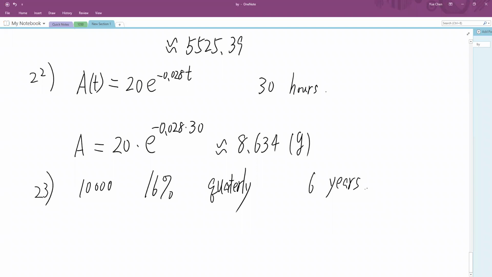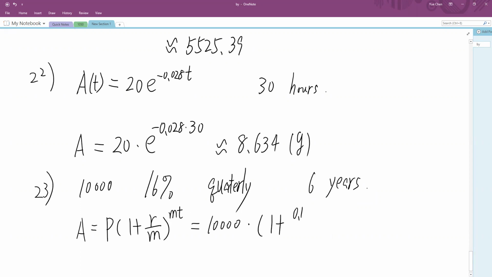Still using the formula directly: A is equal to P times 1 plus R over M to the M times T. So this one is 10,000 times 1 plus 16%, which is 0.16, over quarterly, M equals 4. So this is the power 4 times 6. Give 2 decimals.